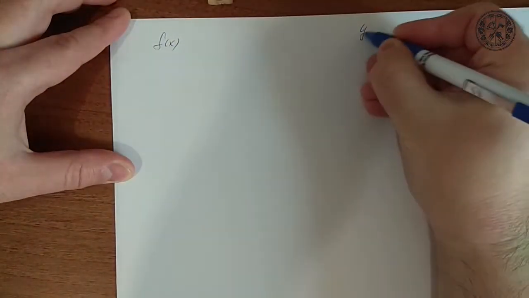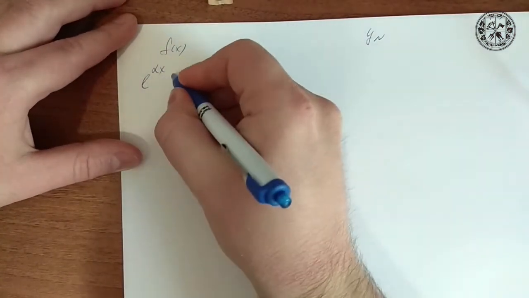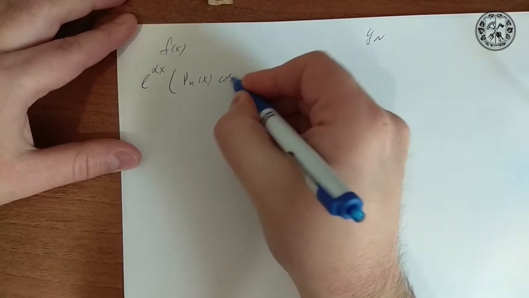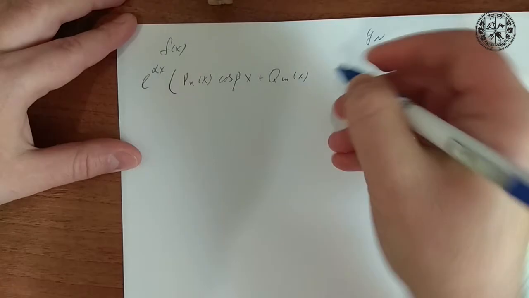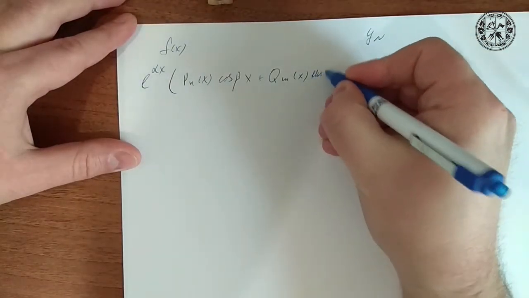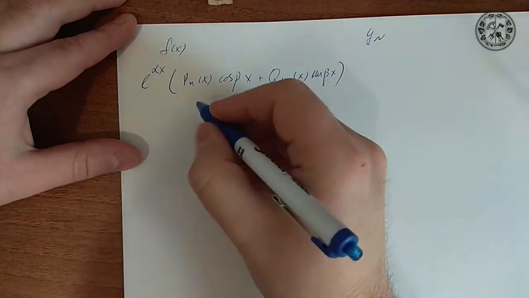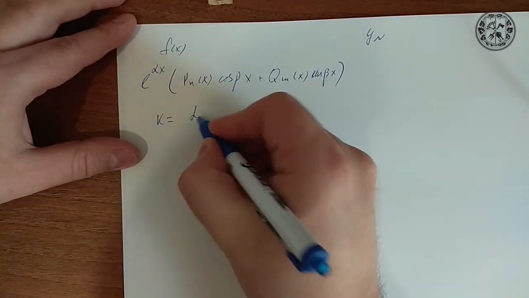One more case. If we have e power alpha x by Pn of x cosinus beta x plus qm of x sinus beta x, then we consider k equals alpha plus i beta.